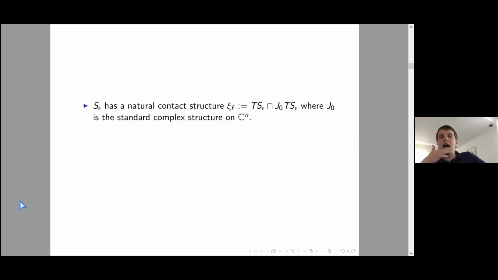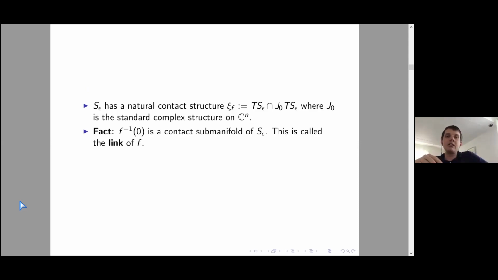Yes, I also want to talk about the contact structure. So this sphere S epsilon, this tiny radius epsilon sphere inside complex affine space, has a natural complex contact structure. You just take the complex invariant part of the tangent space of the sphere.